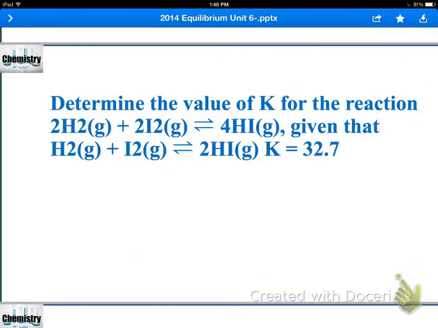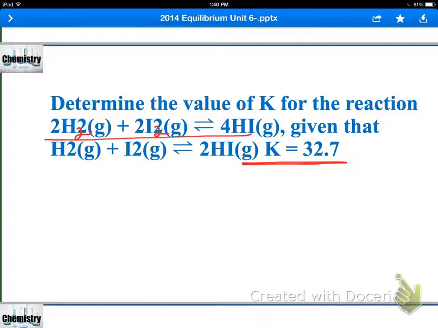Okay. Let's try another one. We want to determine the value of K for the reaction. My subscripts didn't come over as subscripts, so I have 2H2 plus 2I2 gives me 4HI. That's what I want to find the K for, given that H2 plus I2 gives me 2HI has a K of 32.7. So take a minute and answer that.